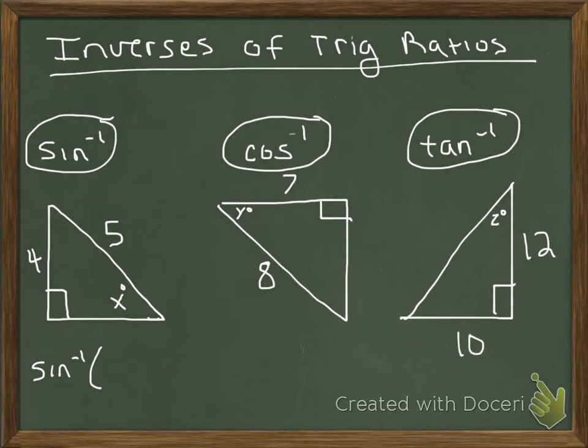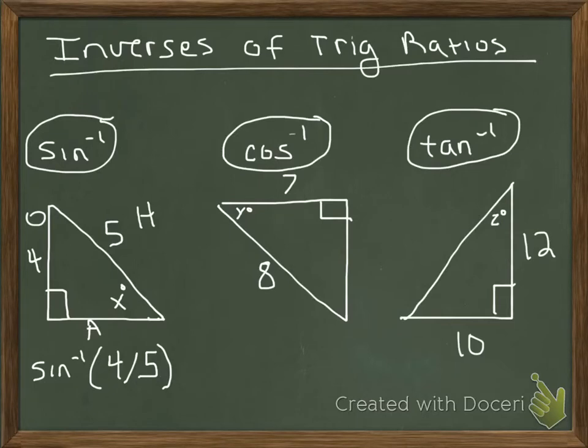I'm going to label my sides. I know that my 5 is the hypotenuse, my 4 is the opposite, and this one down here is the adjacent. So we're going to do sine -1 of the opposite over the hypotenuse. In the graphing calculator, 4 divided by 5, close the parentheses, and hit enter.